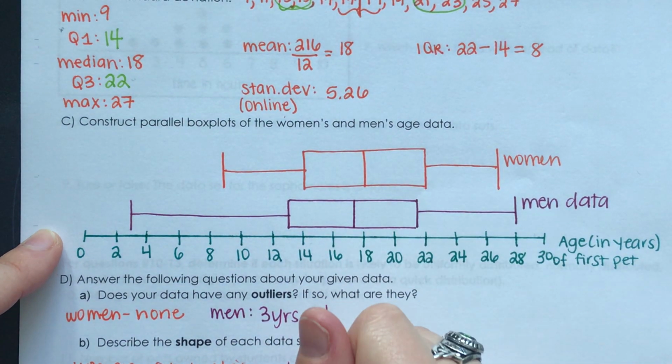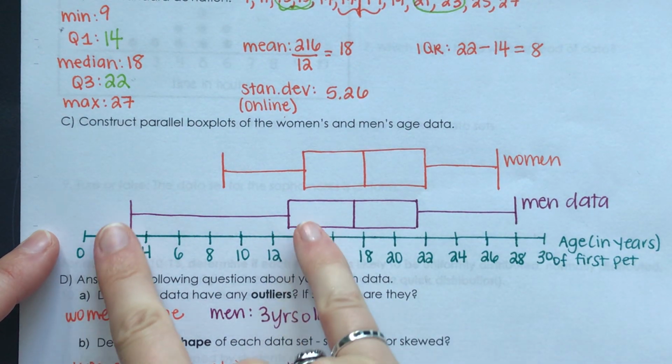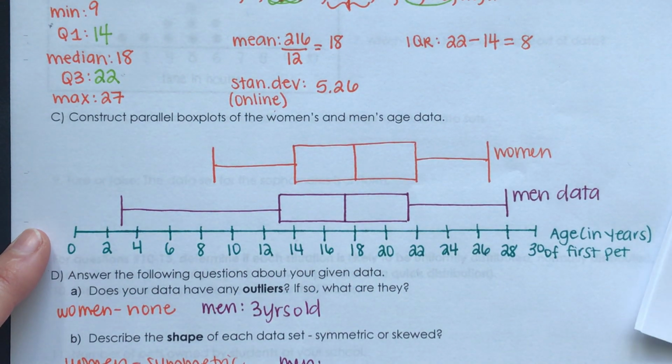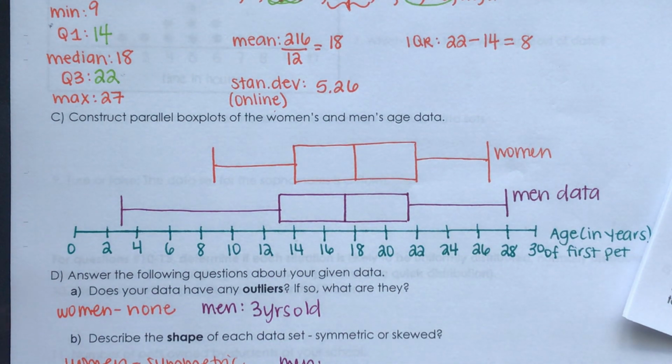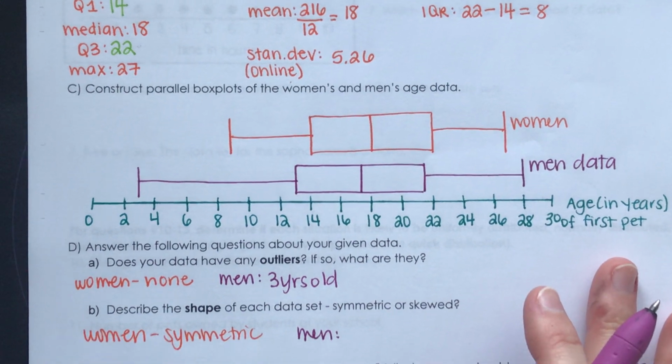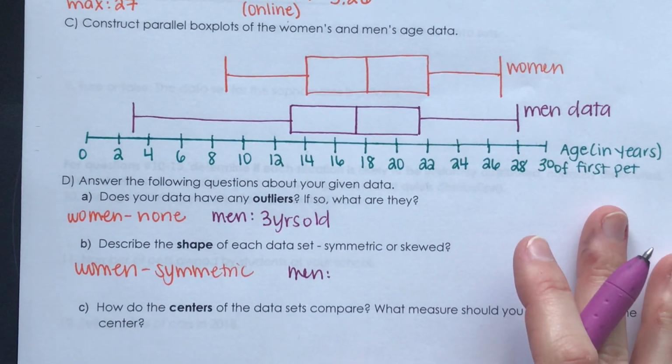The men, because they kind of have that outlier over here on the far left, you've got that long tail on the left. Because you have that longer tail over there, it does look like this would be a skewed data, and I would also say that it looks like it would be skewed left.